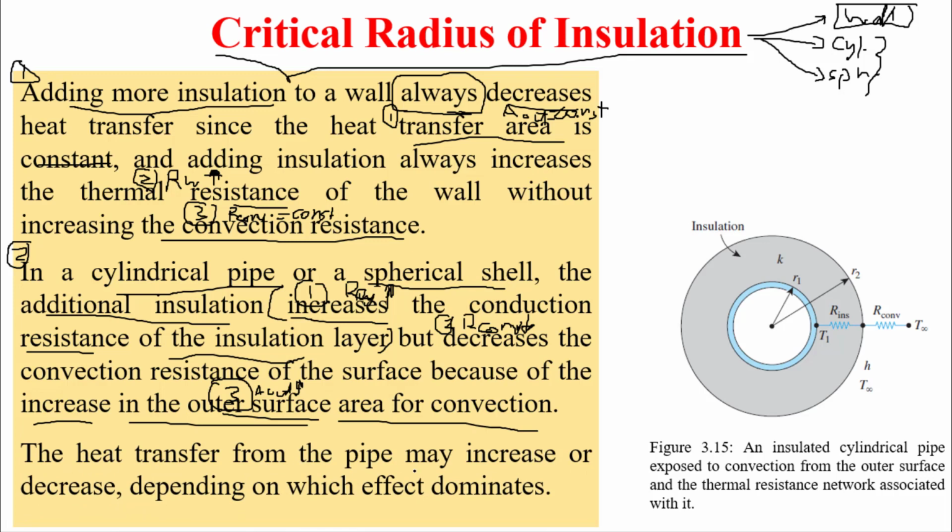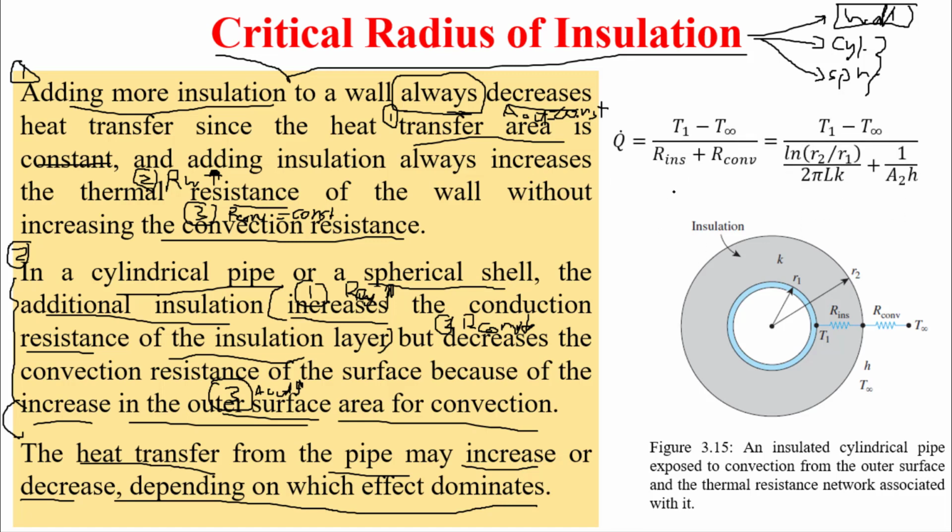As a result, for the cylindrical, for example, or spherical, the heat transfer from the pipe may increase or decrease depending on which effect dominates. So which two effects? Those two effects.